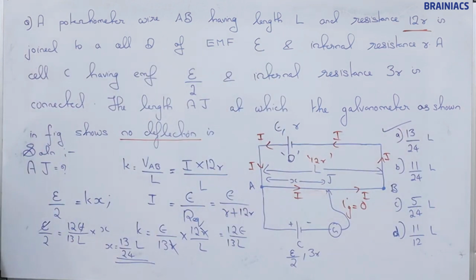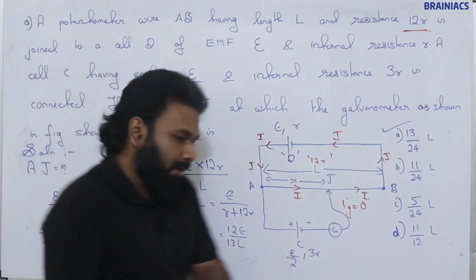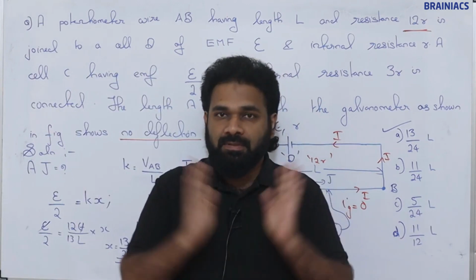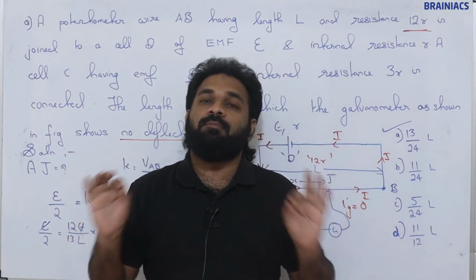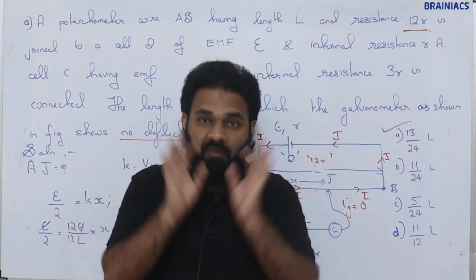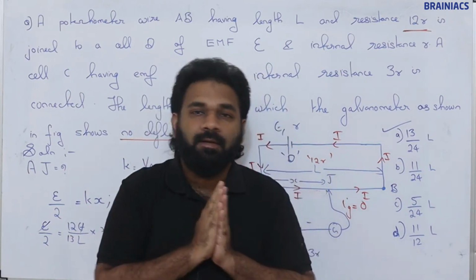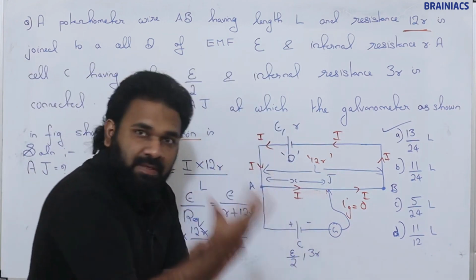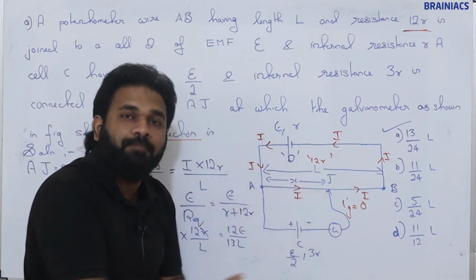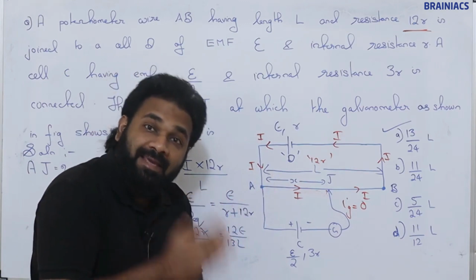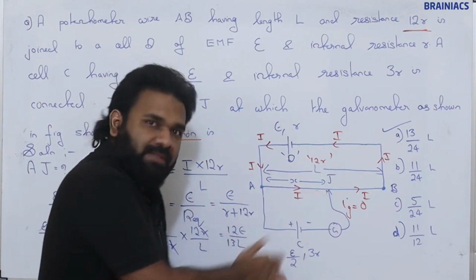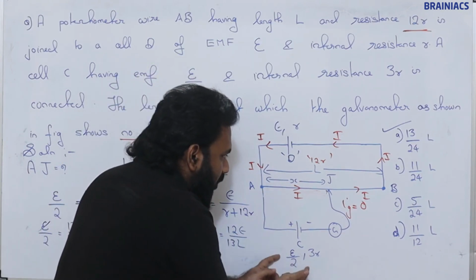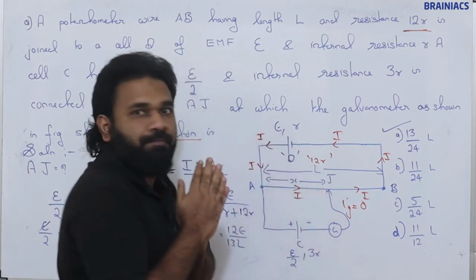I repeat the answer. It seems very complex but it is very simple, just in appearance. Focus on potential gradient. The circuit which is kept for testing, its EMF or voltage will be equal to this voltage.